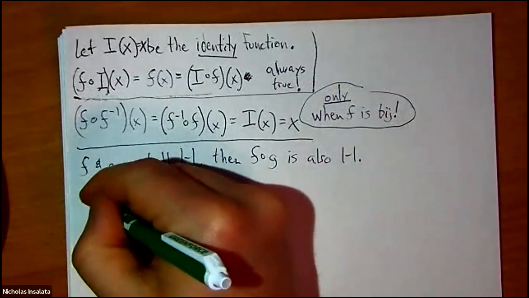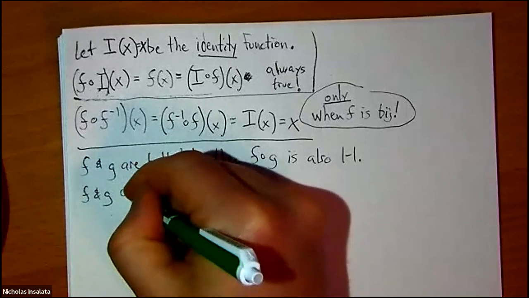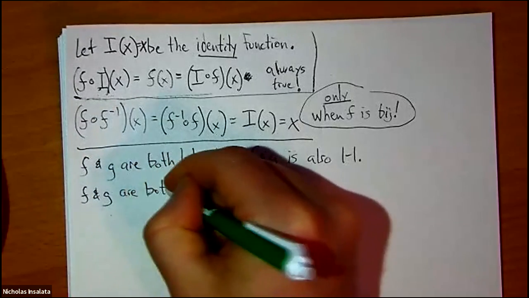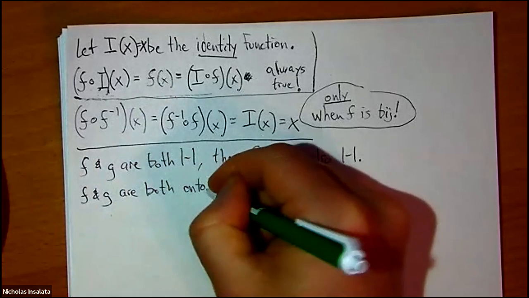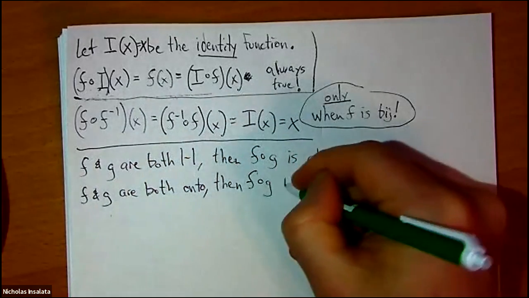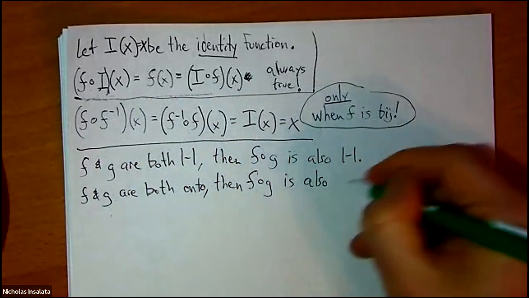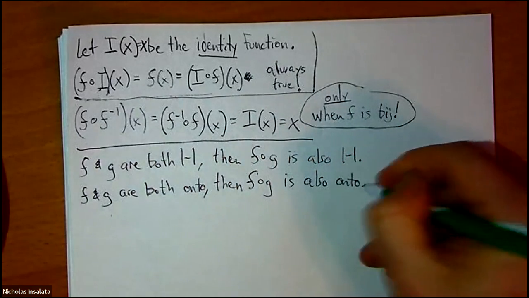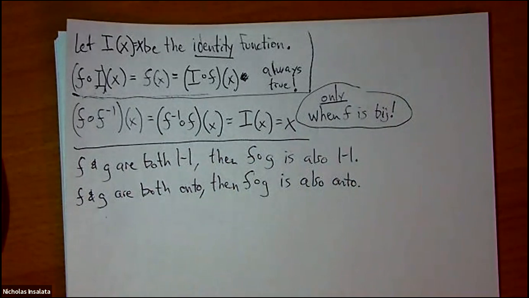Similarly, if f and g are both onto, then f composed with g is also onto. And I'll let you look through the proofs for that in your book. They're relatively straightforward, so I think you guys can read through those.